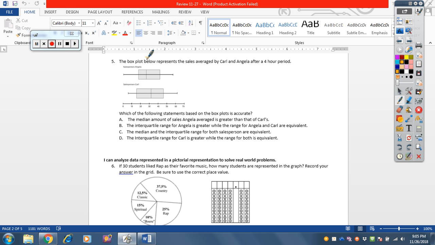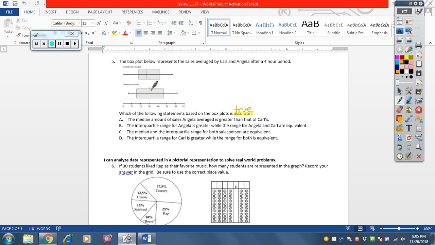Number 5 says the box plot below represents the sales averaged by Carl and Angela after a 4-hour period. Which of the following statements based on the box plot is accurate? Accurate means what? True or false? Means true. We're looking for true. So A says the median amount of sales Angela averaged is greater than that of Carl's.